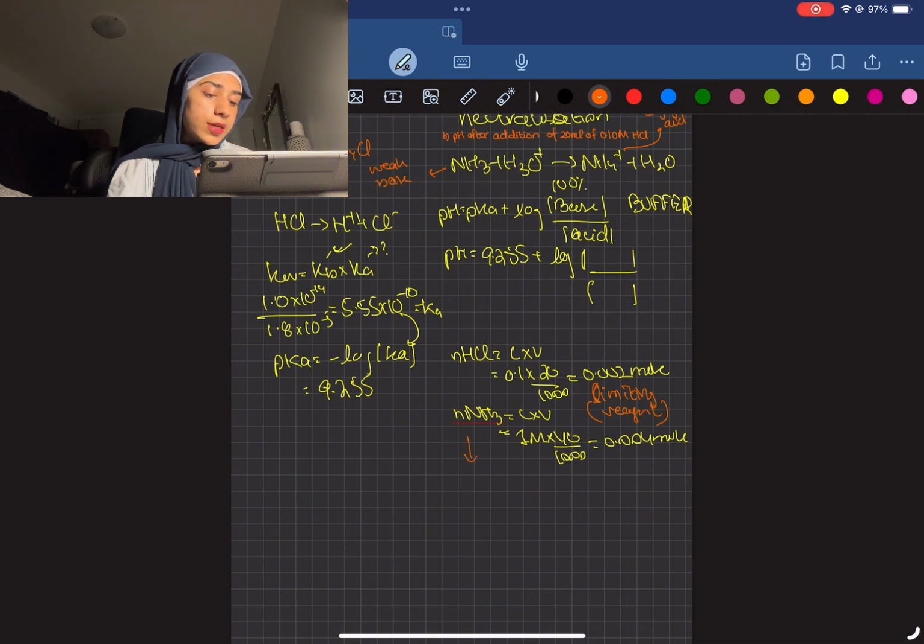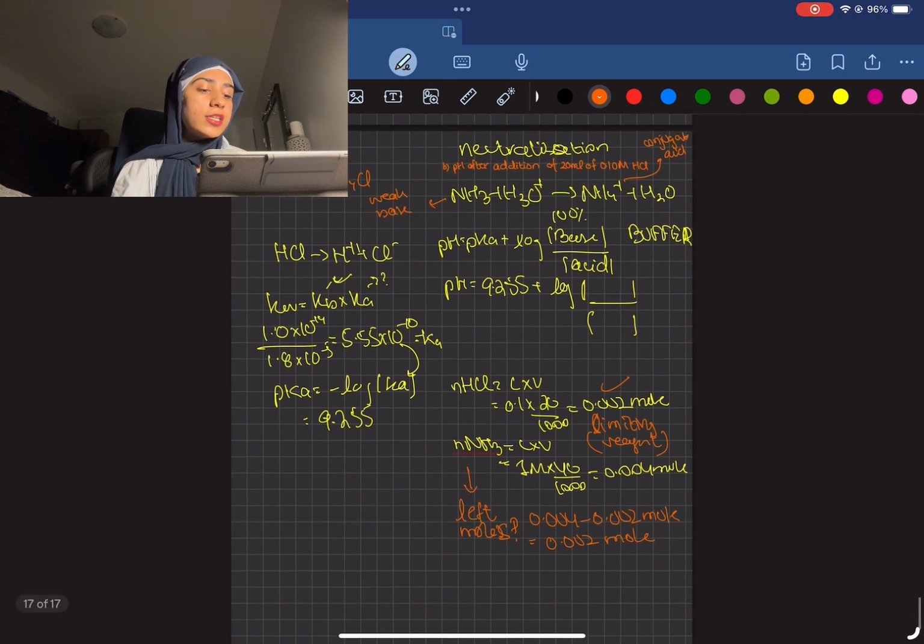So how will I do that? Left moles would be the moles that I had available to me subtracted with the number of moles that got consumed, gives me the moles that were left, which is 0.002 moles.